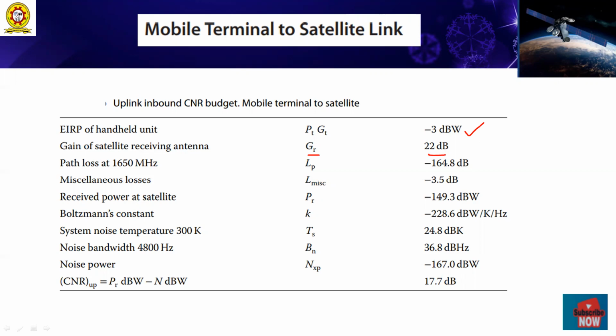PR divided by N. In dBW format, PR minus N dBW equals 17.7 dB. So that is the CNR up, 17.7 dB. So this is the actual uplink design budget sheet for a normal mobile terminal to satellite link.